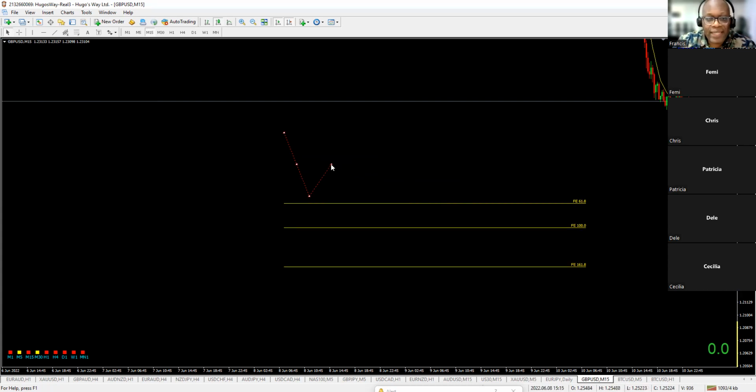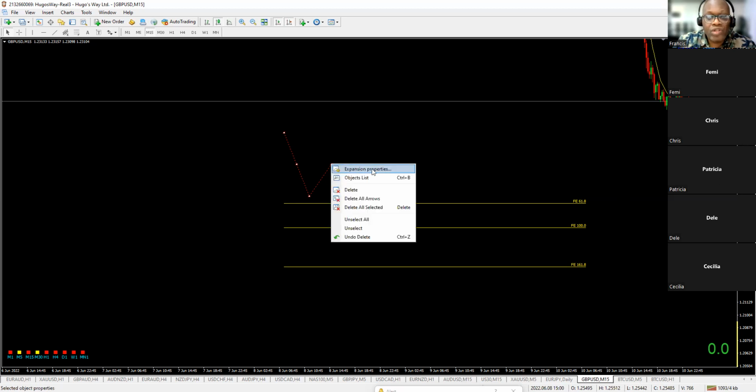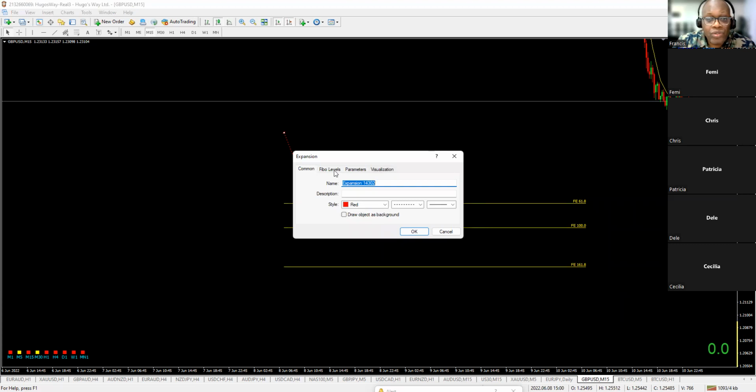If you want to know how to add, click on there, go to the properties, and go to the levels. You are going to add a new level. Now see the way it is here. If you think of the 161.8, look at how it is tabulated there.